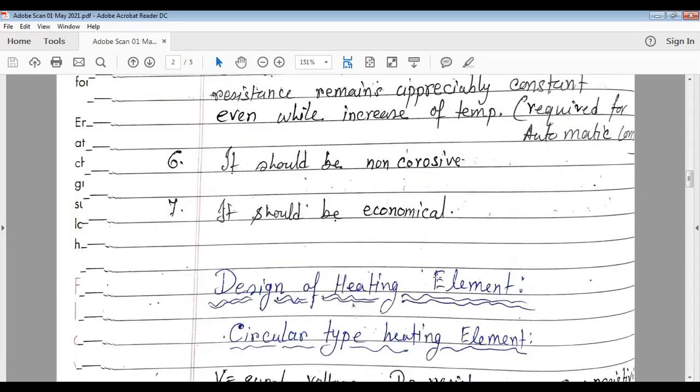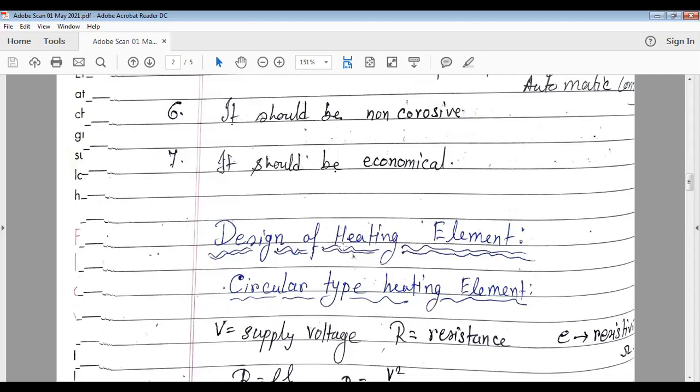Okay. Then the next point is designing of the heating element. Now, the circular type heating element. Say you want to design a heater which is used for your local purpose, for your small laboratory or small industrial application.